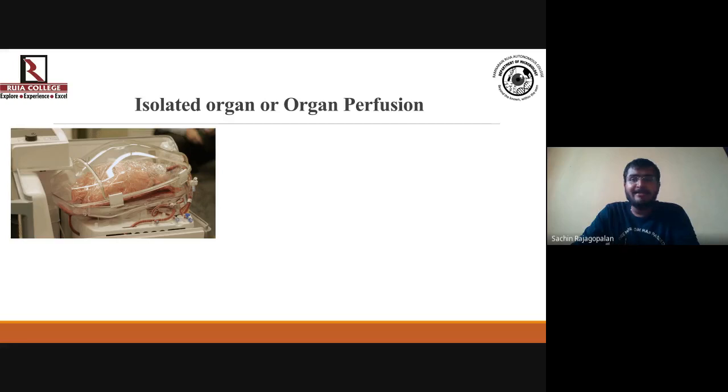Now, what you need to understand is that many times, if this would have to be done in a whole organism or in an animal, surgical procedures would have been involved, invasive techniques would have been involved, and there are a lot of ethics associated with it. So why not study it in an isolated organ rather than in a whole organism?